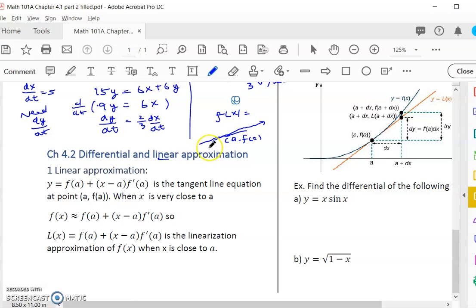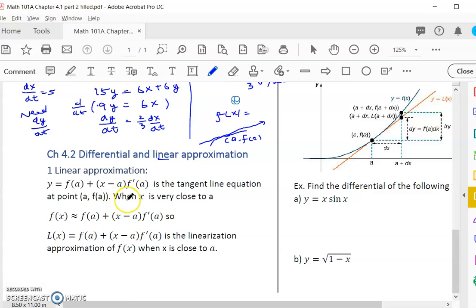So we use this idea that the tangent line equation can be used to approximate f of a plus something. If there is another point that is very close to a but not exactly a, then instead of plugging into f of x, maybe I'll just plug into the tangent line. And we call it linearization or linear approximation.